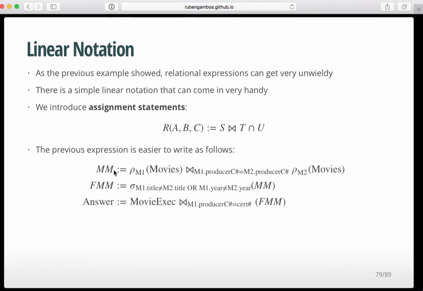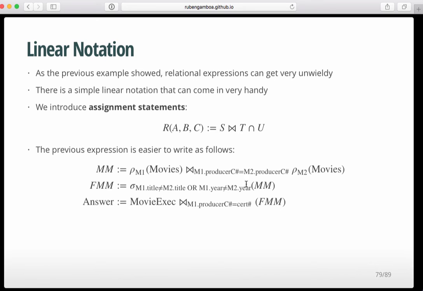So look at this. MM, which is my notation for movies, is the join of the table movies with the table movies. And what I'm joining on is the fact that they have to have the same producer number. Now, FMM is that result of MM filtered so that the movies are actually different.